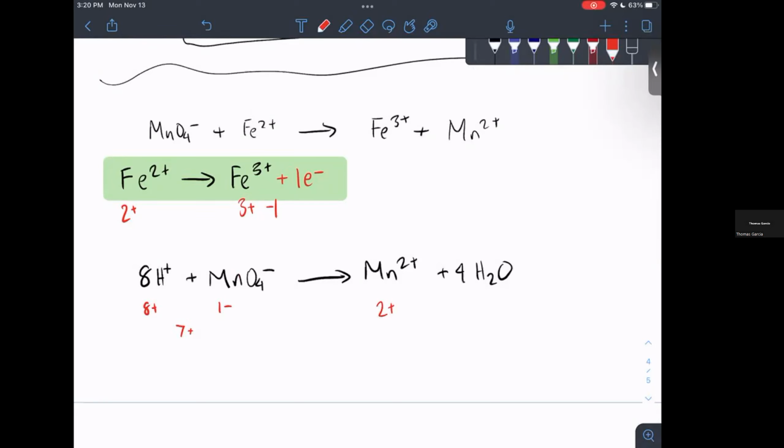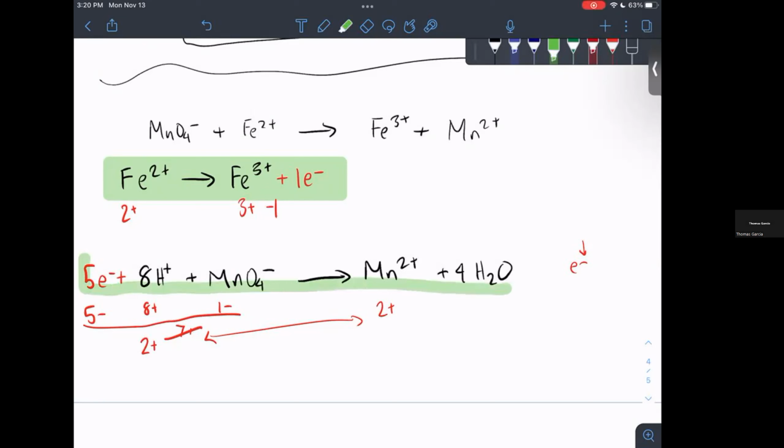Oh no, this is so far different. 7 plus and 2 plus are quite off, and I can only add electrons, which are negative. So I'm going to add the electrons to the right side, and I'm going to do 5 electrons. Because now I have 5 minus, 8 plus, and 1 minus, which is going to change our 7 plus into a 2 plus, and my charges are balanced. Perfect. I have my reduction half reaction.